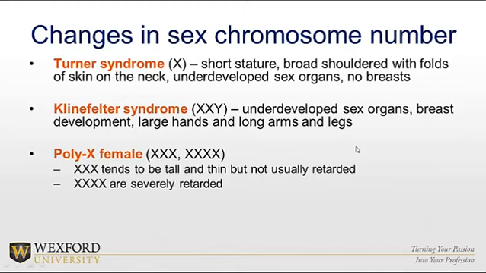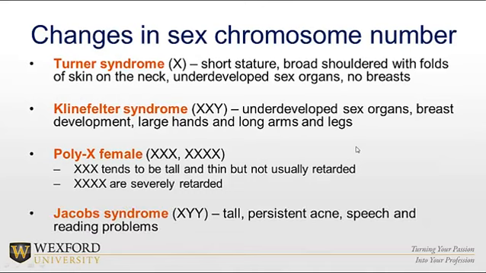It's because we have extra expression of the genes that are on that chromosome during development, all the way from fetal development through adolescence and so forth. When your nervous system is developing, especially in the fetal development, the extra expression of those proteins is going to hinder normal neural development.